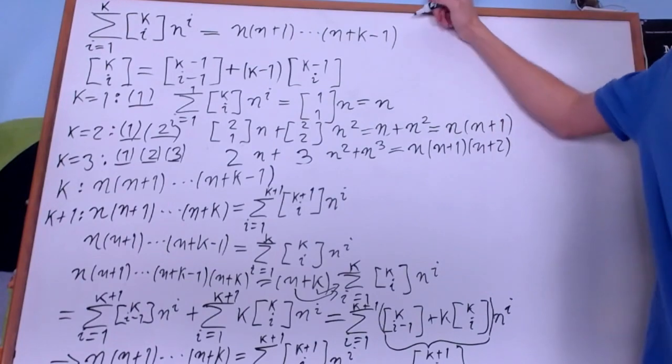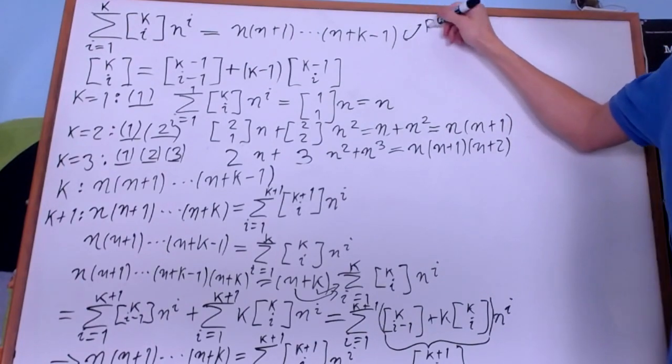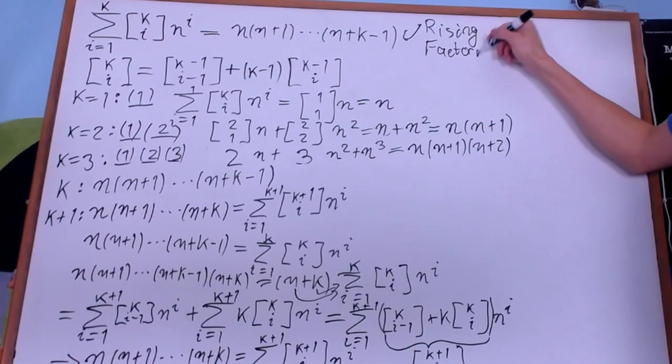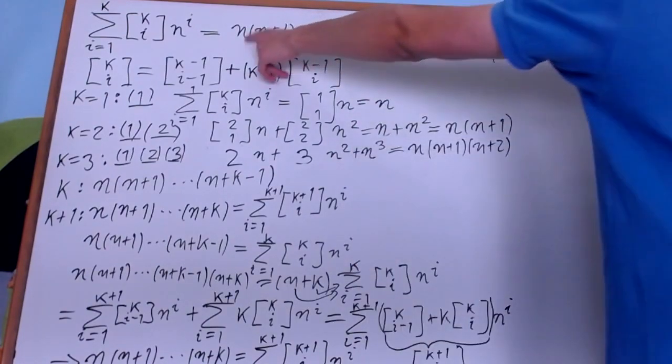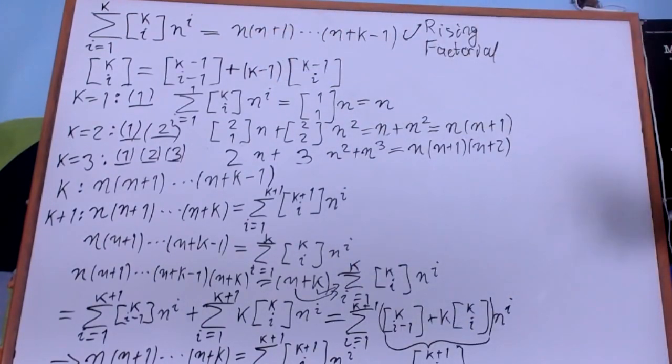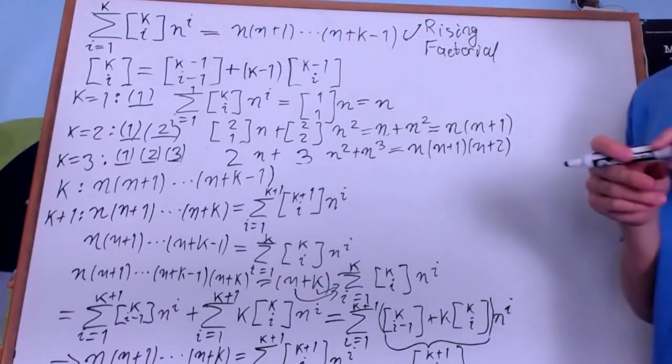And this is known as the rising factorial. And you might be able to tell why, because it's just a factorial function, but you're going up instead of down. And so if we just plug this in, we'll be able to get our answer.